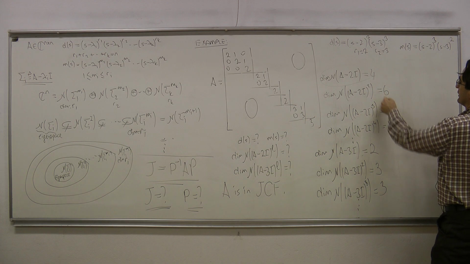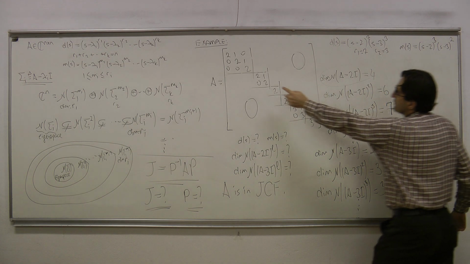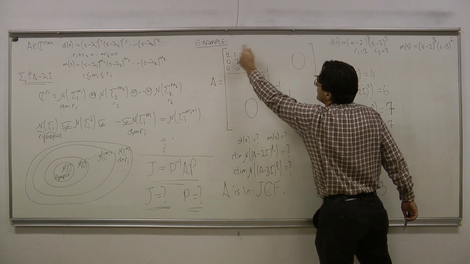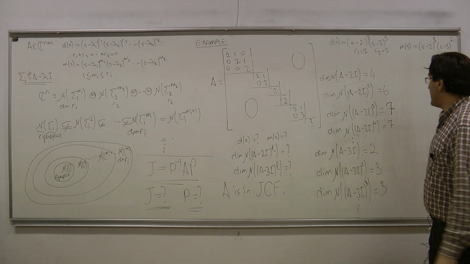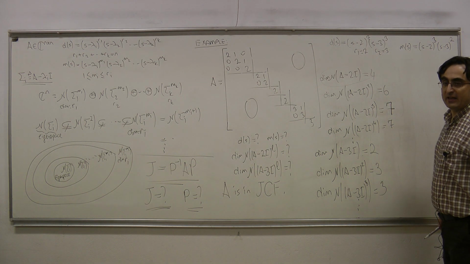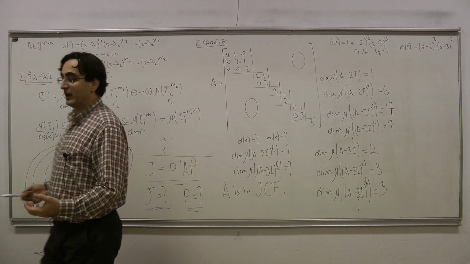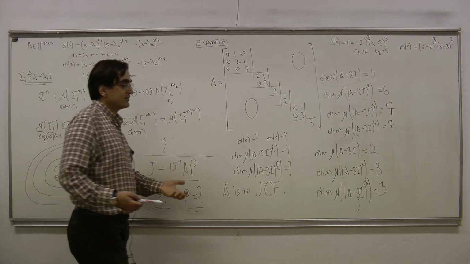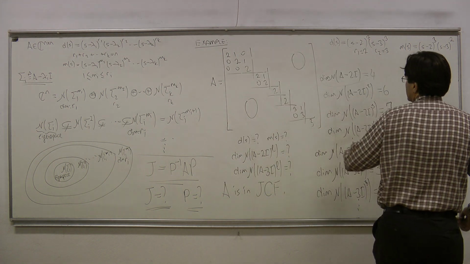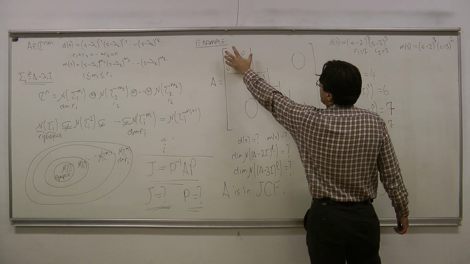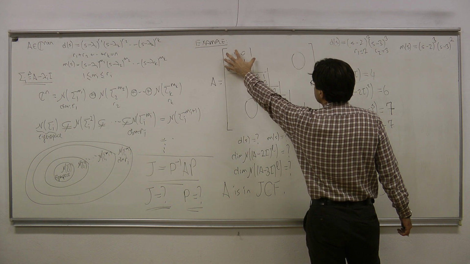What about this increase from 6 to 7? We know that this increase happened because of this Jordan block. Okay? And this increase then represents the number of Jordan blocks belonging to the eigenvalue 2 with size larger than or equal to 3. Okay? The number of Jordan blocks whose size is larger than or equal to 3 is 1 for this one.